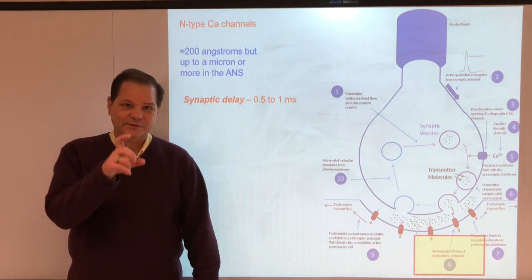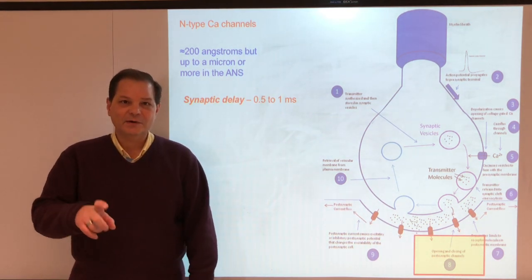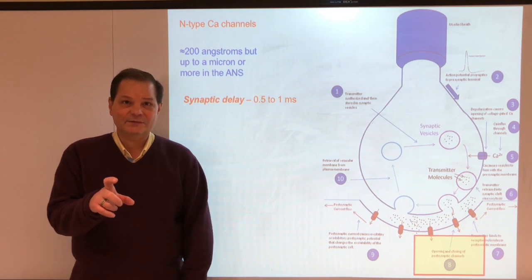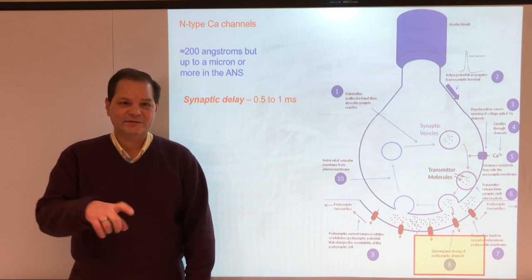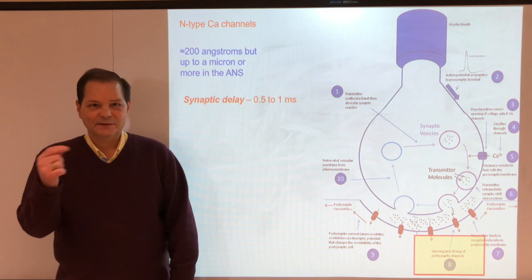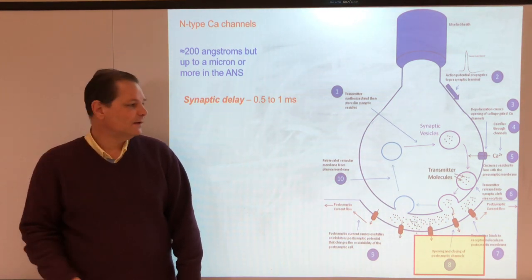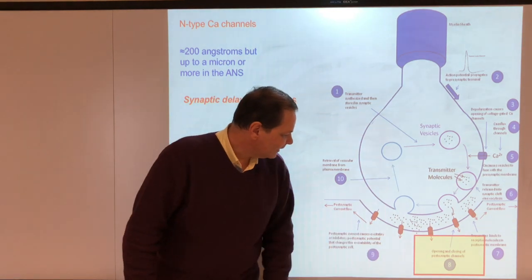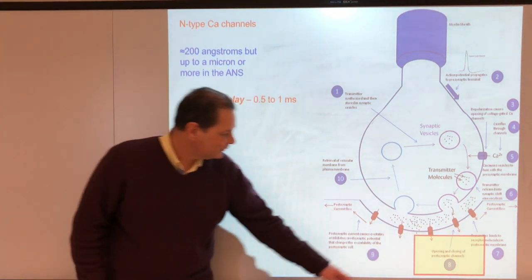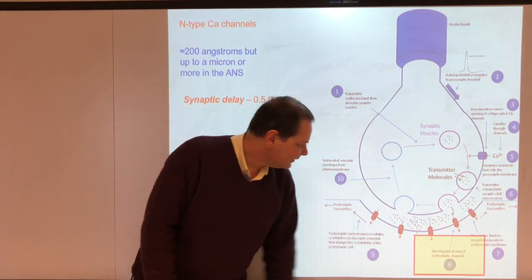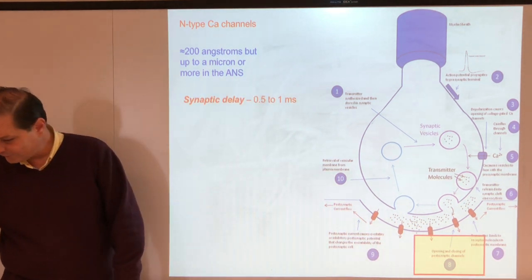That is a case where the channel is actually the same as the receptor. So the channel is the nicotinic ACh receptor. It binds ACh, it opens up, it lets sodium in and potassium out, net effect to depolarize the membrane. And the membrane voltage goes up due to the fact that you have opened the postsynaptic channels.